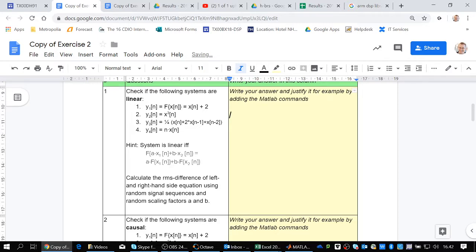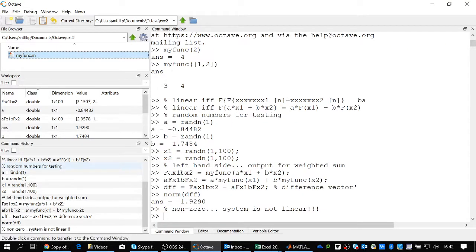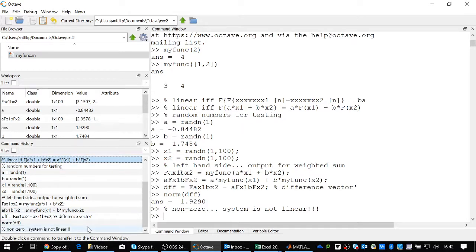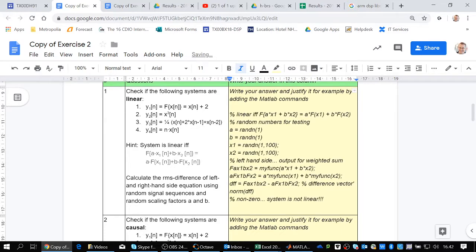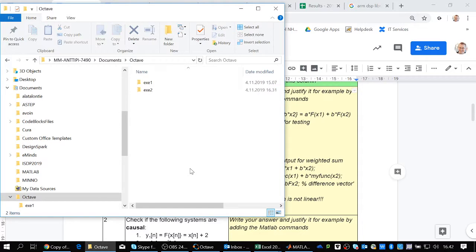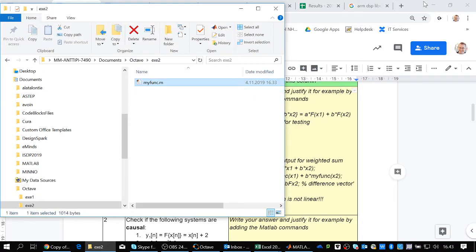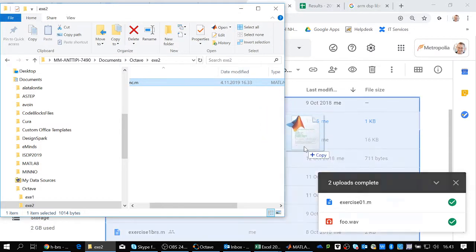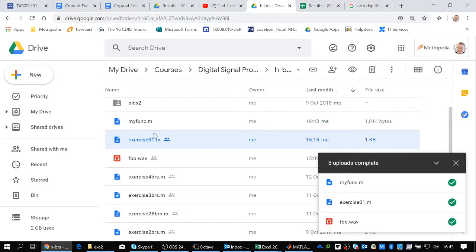Adding the MATLAB commands actually, if you were doing this yourself and wanted to give a perfect answer, you would take these commands like that, Control C, and add those values here, and then make a, since there is that function that I don't necessarily know unless you give it to me, I'll take this my func here and transfer it here.